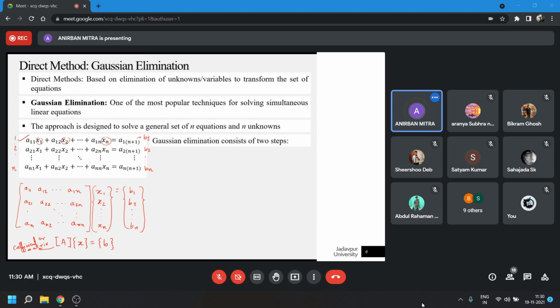This is the vector of unknowns, and this is the right hand side vector. So this is the matrix form of the n equations in n unknowns.